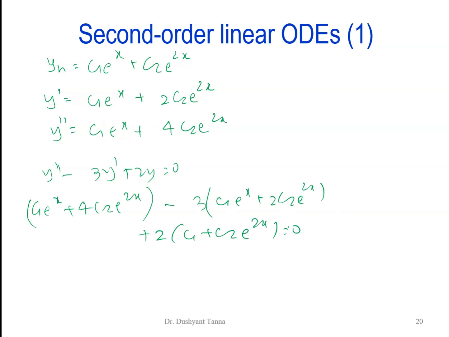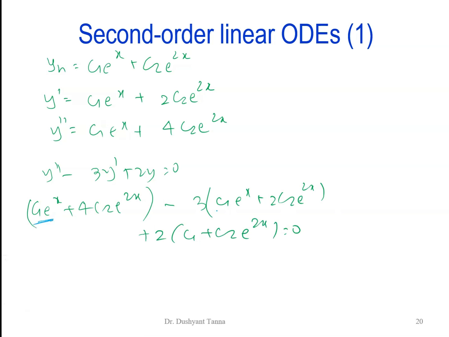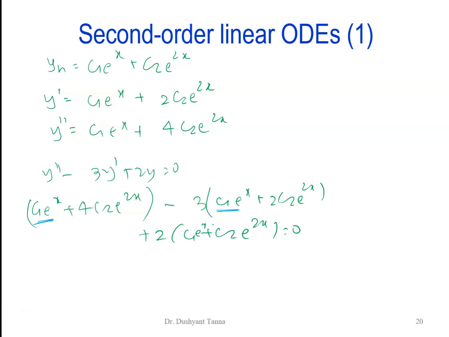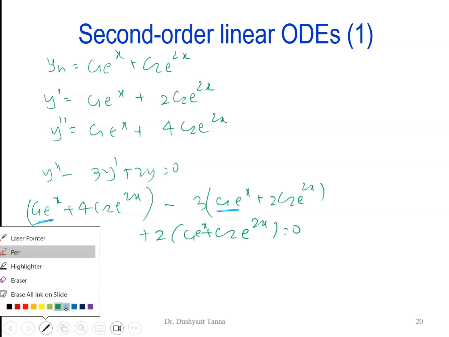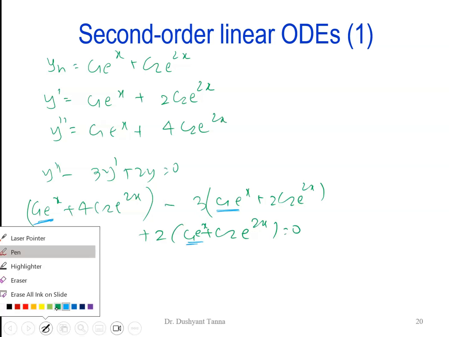Okay, I combined the e raised to x part. So there are three of them: e raised to x here, e raised to x here, and what did I miss? I missed e raised to x there, and e raised to x here. So what will it look like?